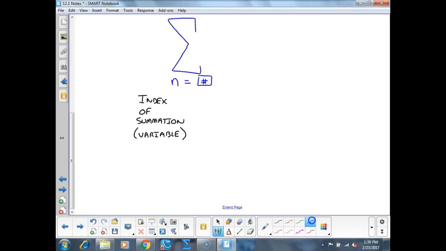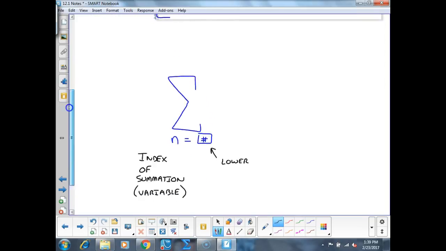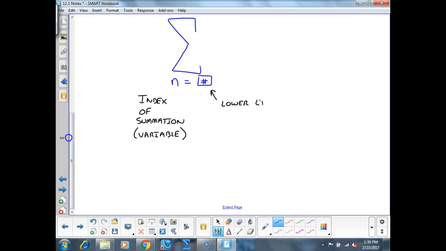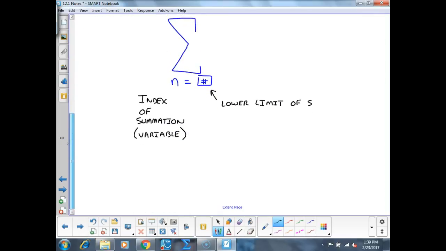That number is called your lower, I'm going to see if they called it bound or limit. Limit. Do they call it lower limit of summation? Yeah, they do. So that's called the lower limit of summation.